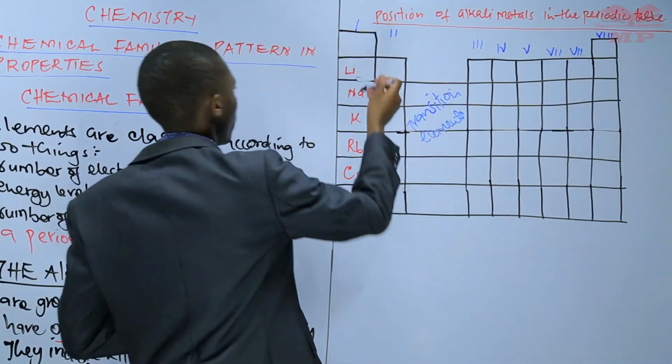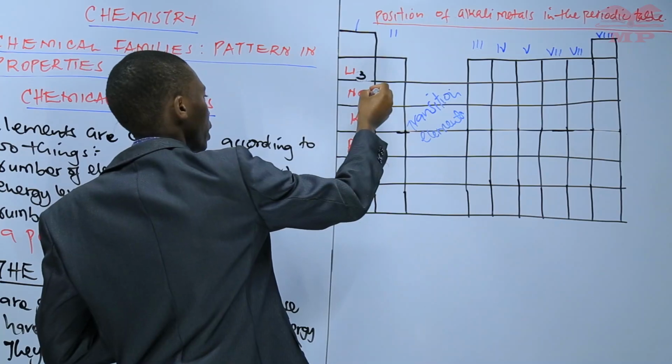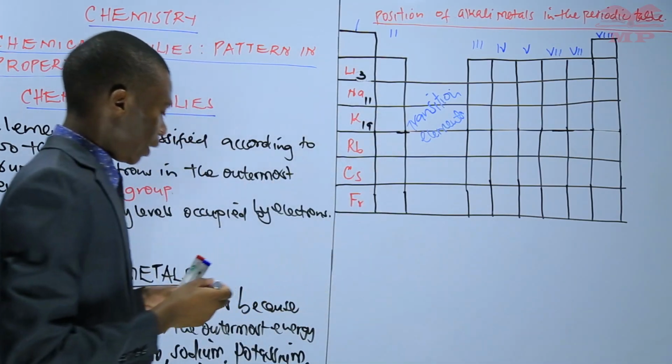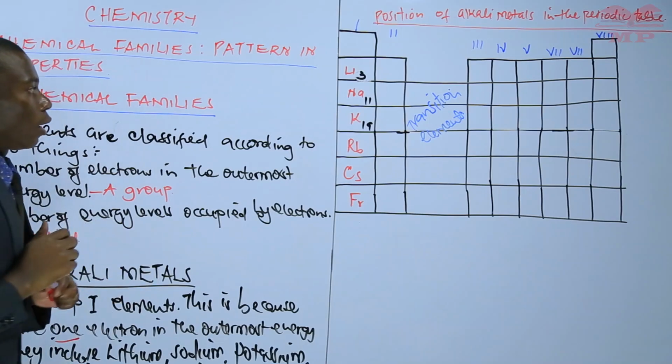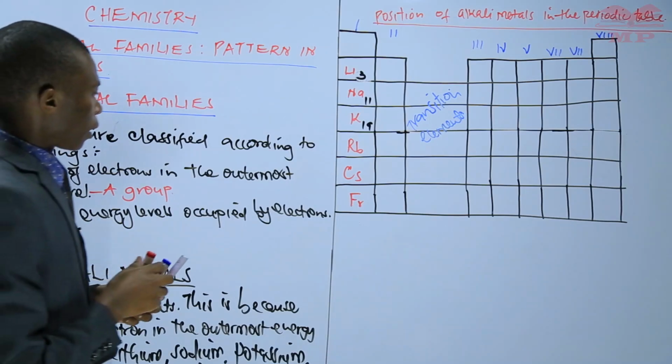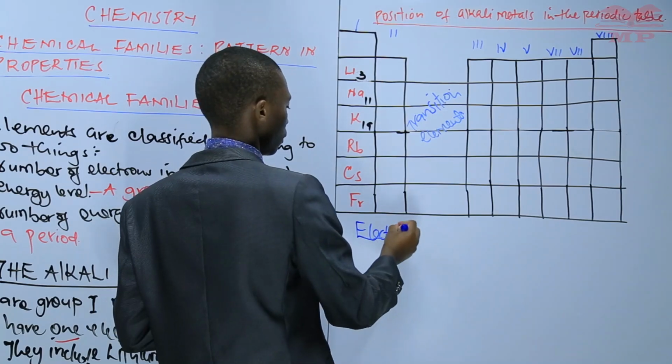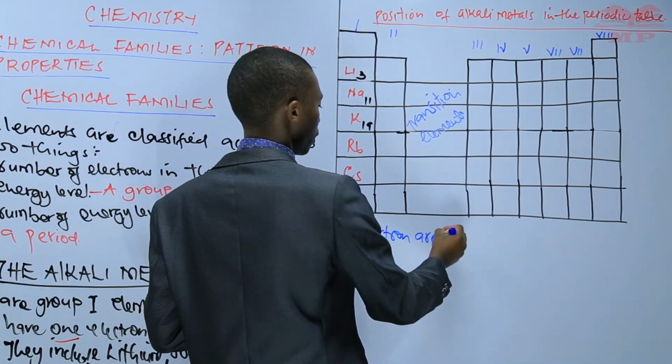The atomic number of lithium is 3. The atomic number of sodium is 11. The atomic number of potassium is 19. Therefore, the electron arrangement.